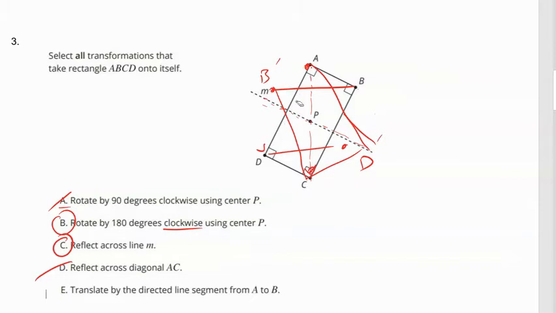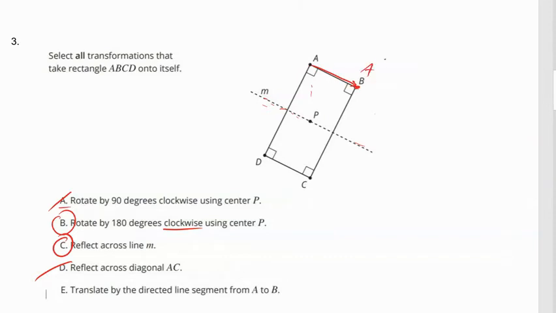E says translate, all right, by the directed line segment from A to B. Well, that's weird because if we do that, we don't map the original figure to its image. We just move it over, right? We just translate over. So you're not going to be mapping onto the original figure. What I mean by that is if we go by the directed line segment from A to B, right, from here to here, A will be here, right?